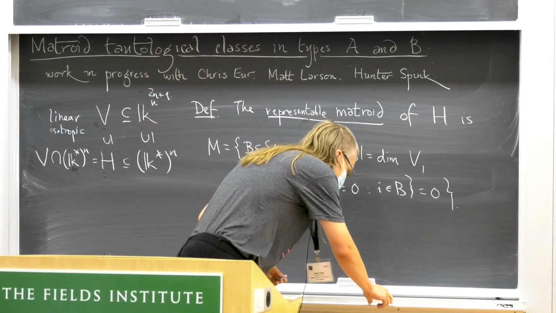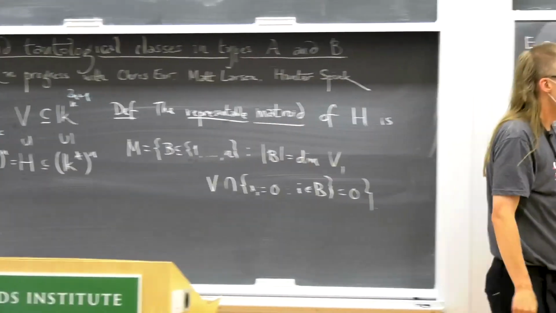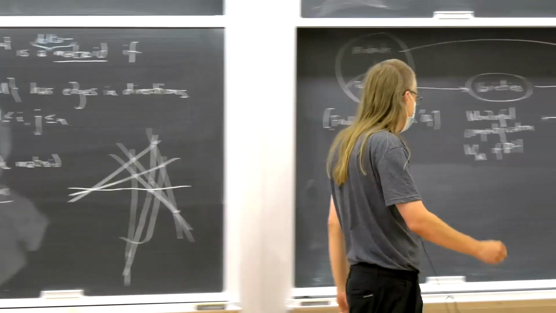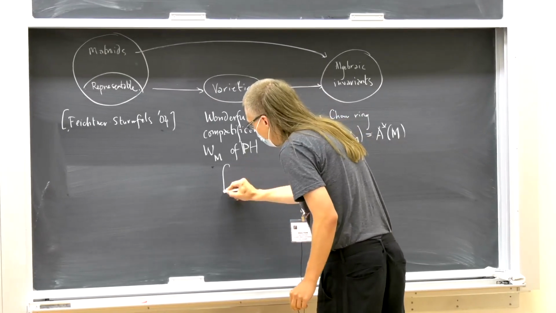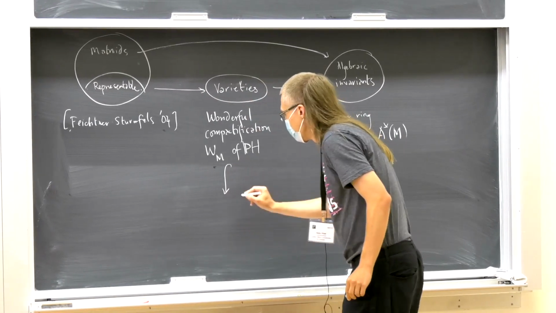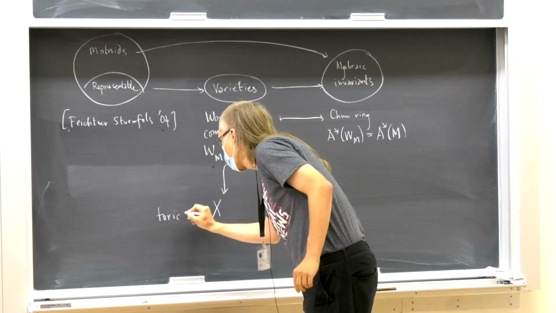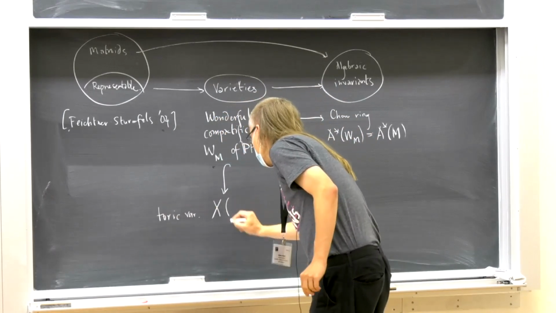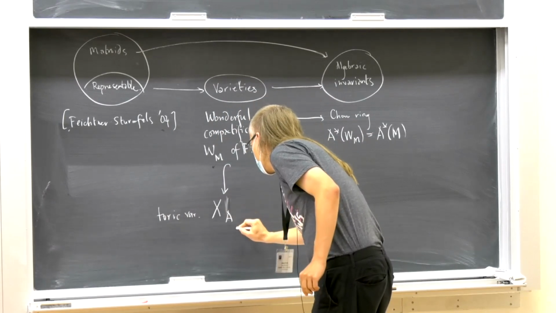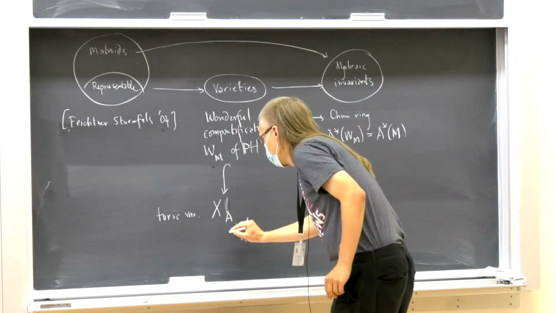The key type A thing, which I want to change to type B though, is over here. And it turns out this thing always embeds in the toric variety of the type A Coxeter complex.